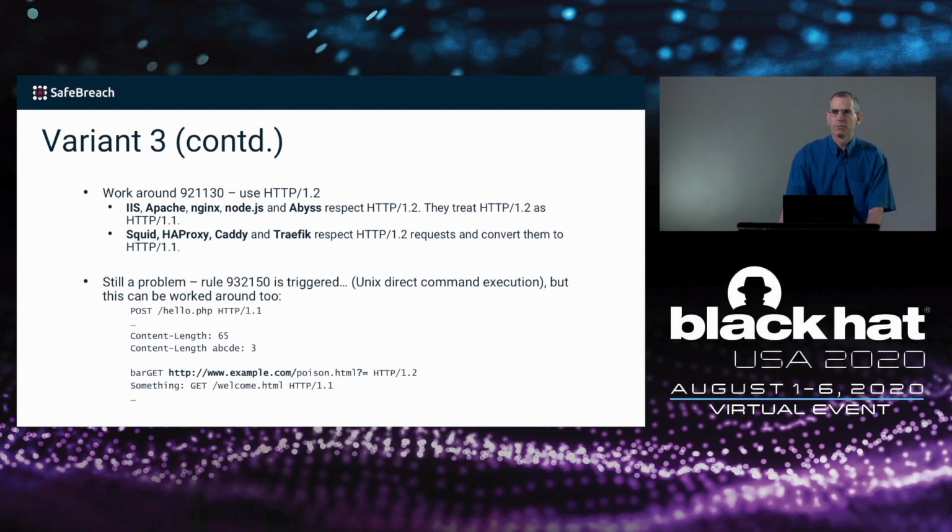There's still a small problem with rule 150, which is triggered because the payload contains something that looks like a Unix direct command execution, the space followed by slash, but that can be worked around too by using the full proxy URL, as you can see below.